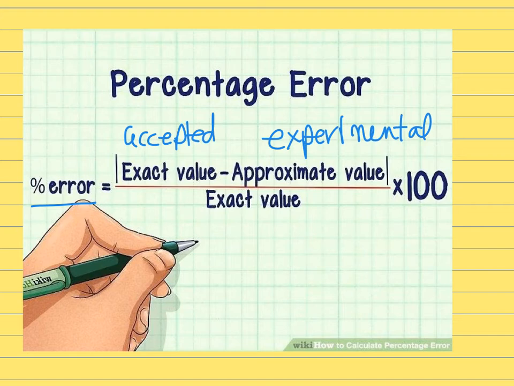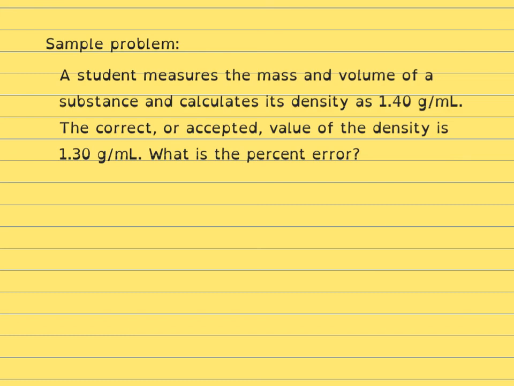Something to keep in mind, you see that there are absolute values there on the side. This value is always going to be positive, so no matter how you subtract them, they're going to come out to be a positive value. You report a percent error as a positive overall answer. So again, it's the accepted minus the experimental, all divided by the accepted. The whole thing is positive, and you multiply by 100.